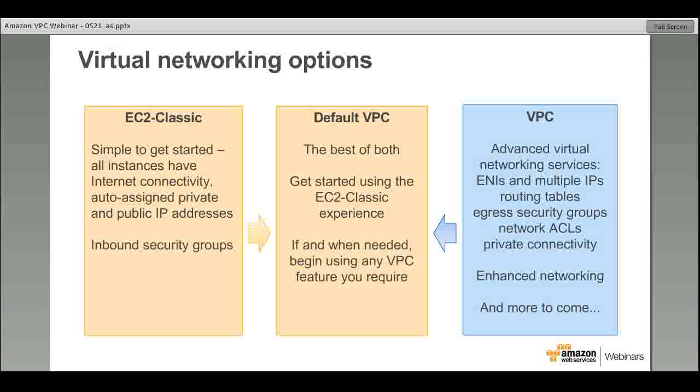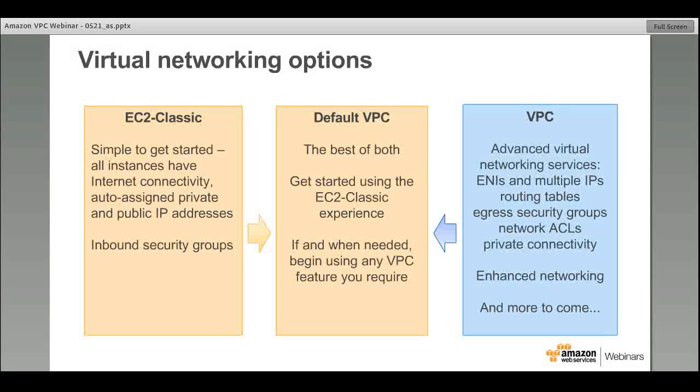VPC is an area where we are continuing to invest and deliver new capabilities based on feedback from our customers. Now, a few years ago, we built a capability that merges the two of these environments. New accounts to AWS are given a default VPC. This allows customers to get started with our classic experience using the very simple experience of launching instances with internet connectivity and then having automatically assigned public and private IP addresses.